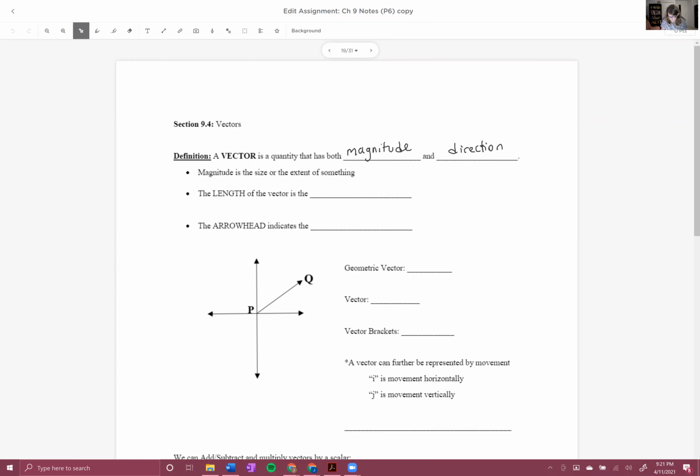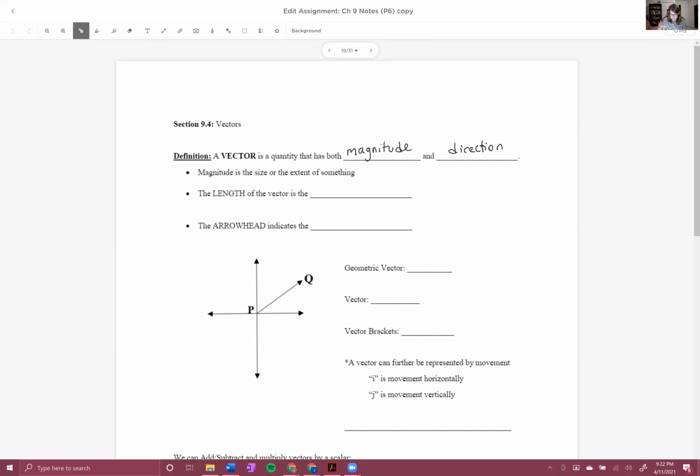I like to think about vectors kind of as a ray. It has a point where it starts and it extends to another point. It's like a line segment, but I say ray because there's a certain direction that it goes. It doesn't just exist there. It's like starting here and shooting off that way.